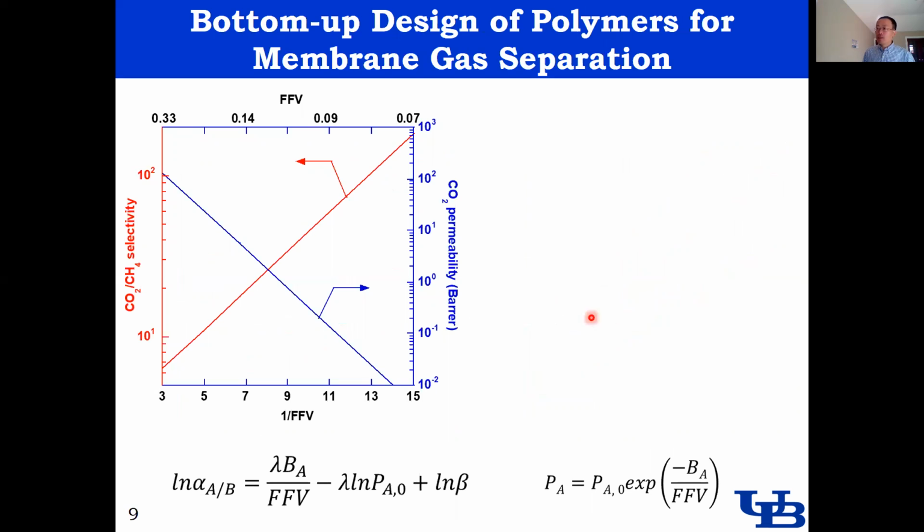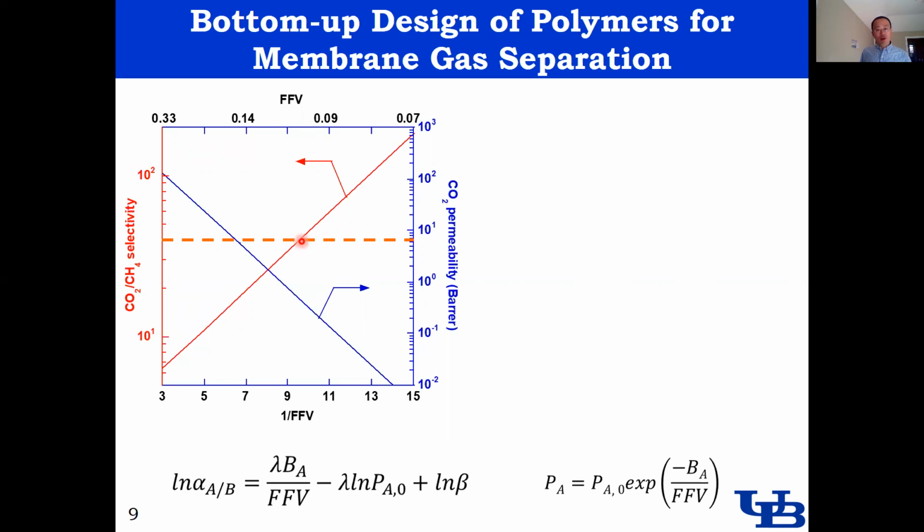We could calculate selectivity as expressed in the red line and also the permeability in the blue line, right? So for example, if we look at CO2/methane separation, we said that we need selectivity of 40. And what that means is we're going to need the fractional free volume about 0.11 or 0.12, right?